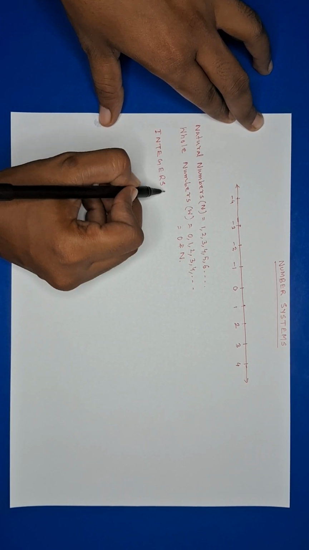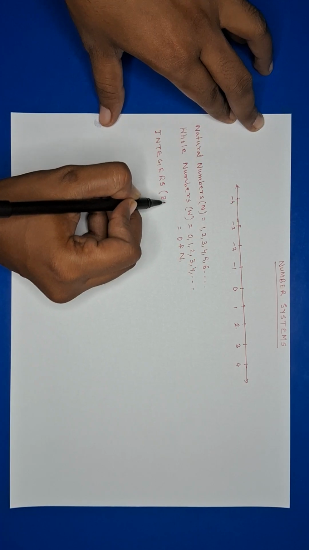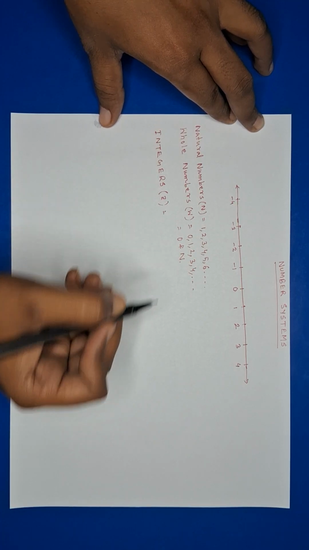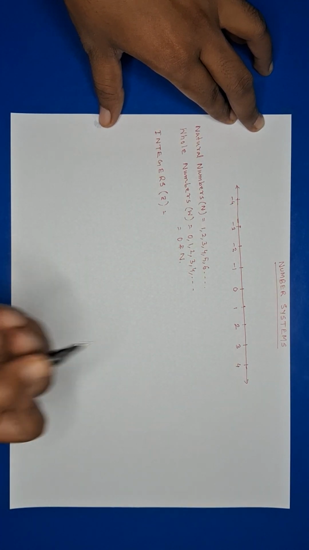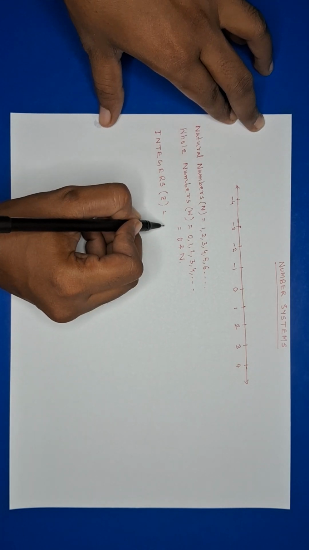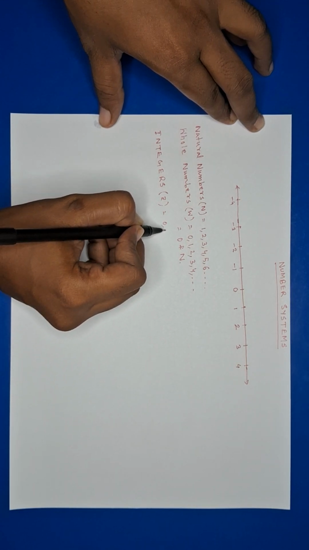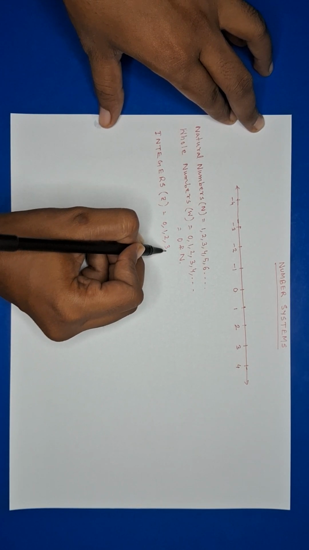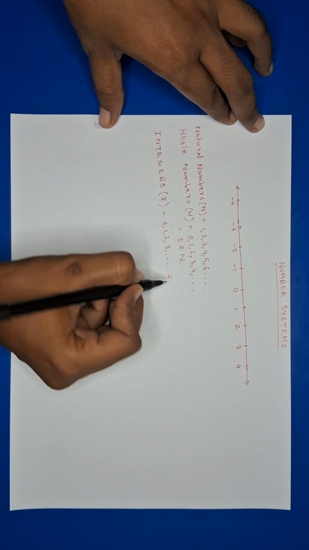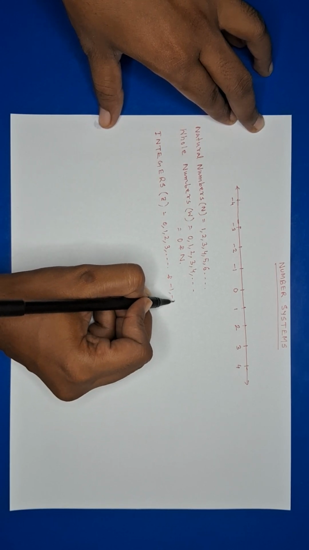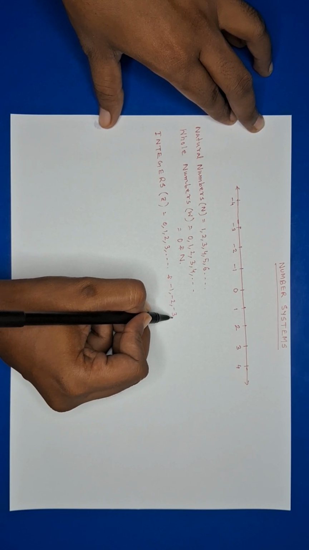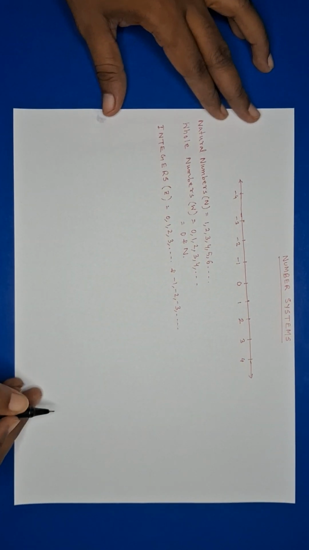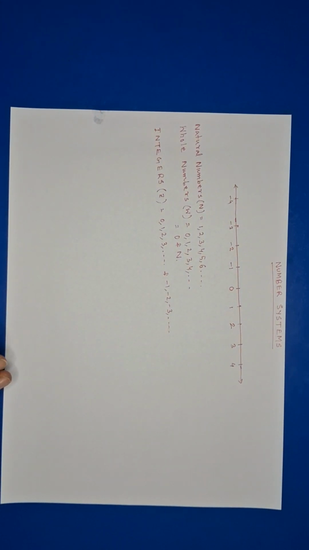Integers are denoted by Z. These are the collection of all the numbers 0, 1, 2, 3, dot dot dot, and -1, -2, -3, dot dot dot. These are called integers.